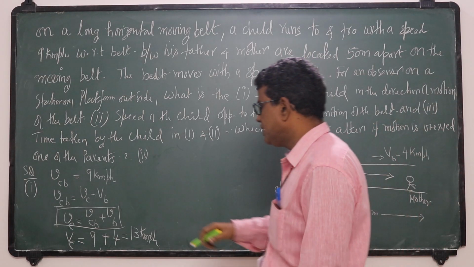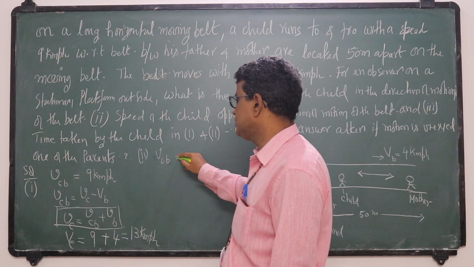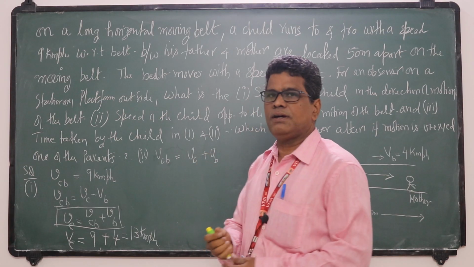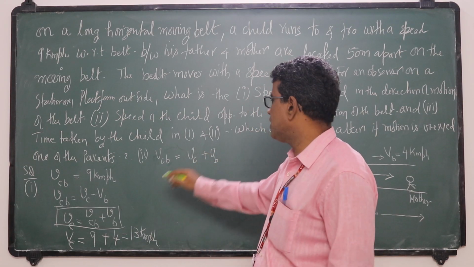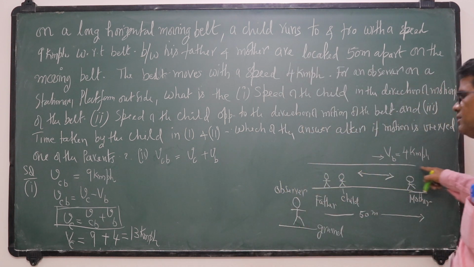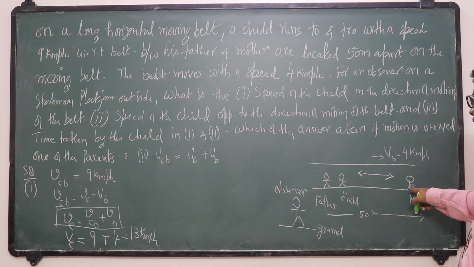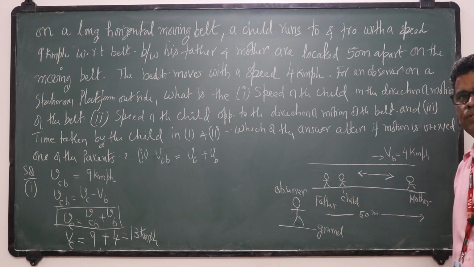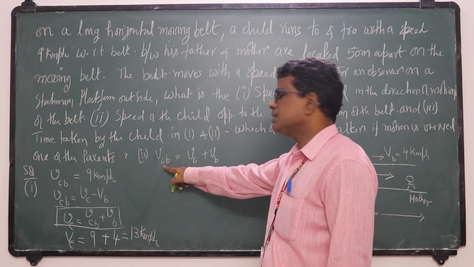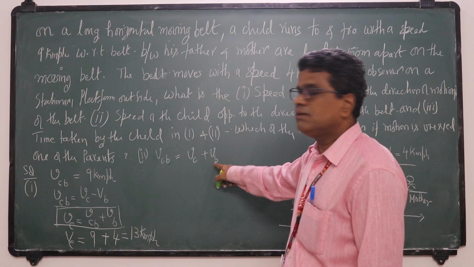The belt is moving left to right, the child is running right to left. Then velocity of the child with respect to belt is velocity of the child plus velocity of the belt.